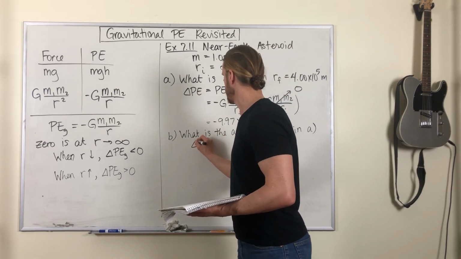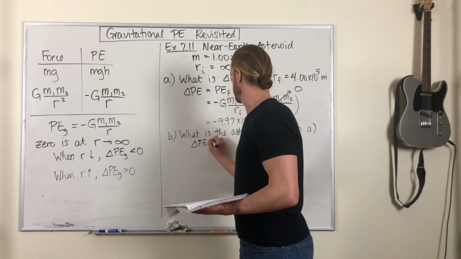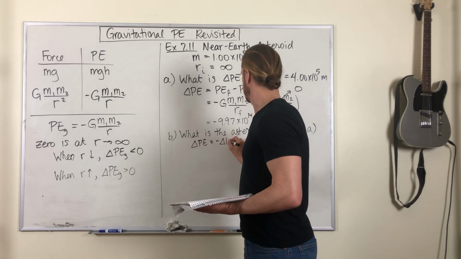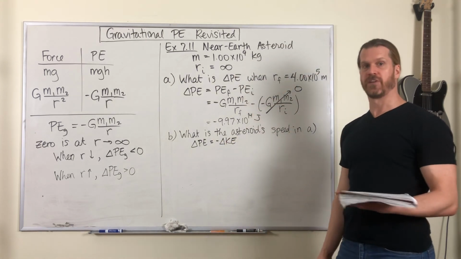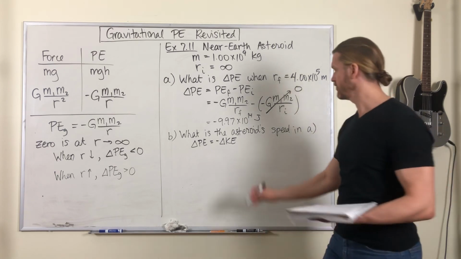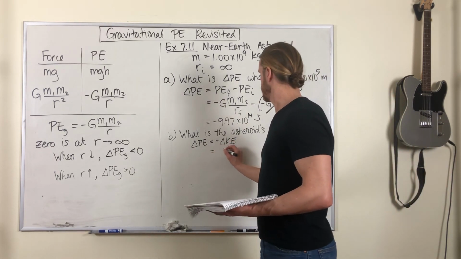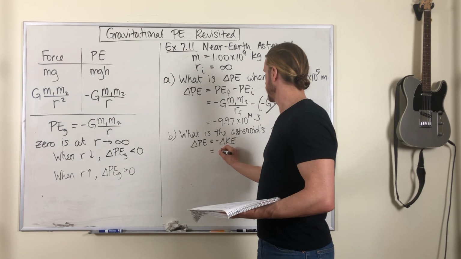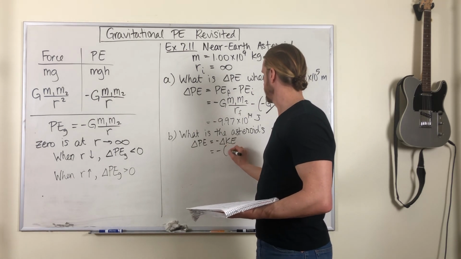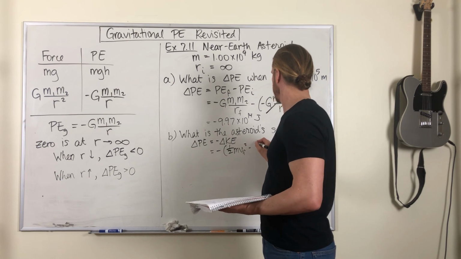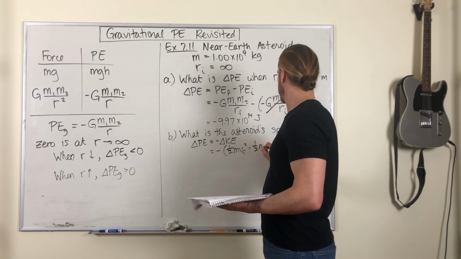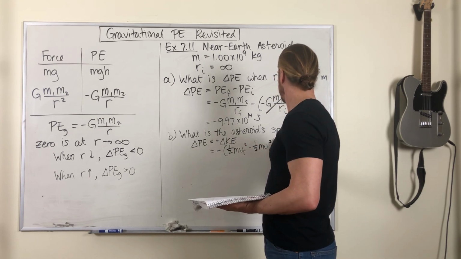Well, we can use conservation of energy, relate the change in potential energy to the change in kinetic energy, minus change in potential energy is the change in kinetic energy, 1/2 mv final squared minus 1/2 mv initial squared.